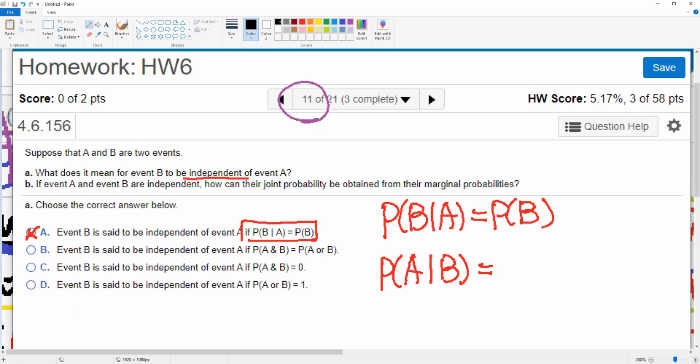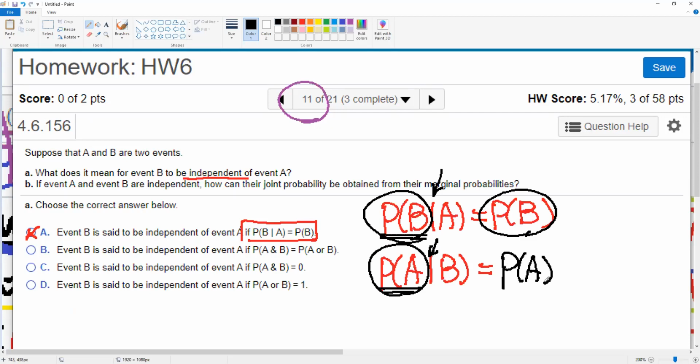It is the conditional probability, but when they are independent, it will be just the probability of A. So now I can say the statement: when they are independent, the conditional probability will be just the probability of the first event.